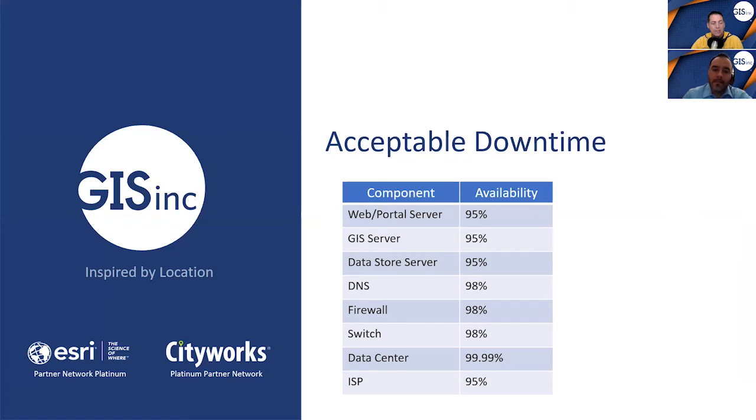And if we do that math together, each one of those components may be a high availability, but together, any one of those could be a single point of failure, which brings the entire environment down to, in this case, around a 77% availability. So it's important to look at those things. Right. There are a lot of components that play a part in business continuity. While we do our best to mitigate risk where we can, there are just some components we have no control over.